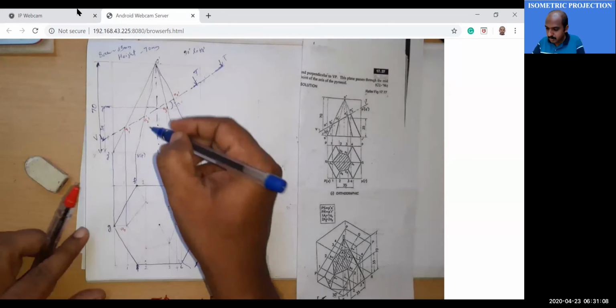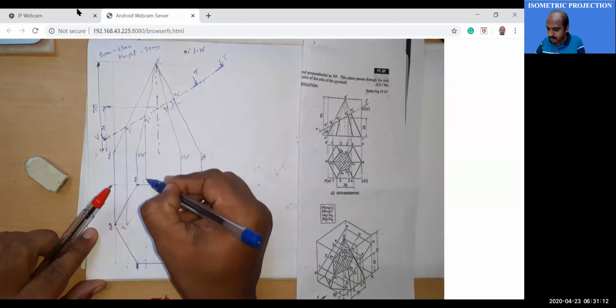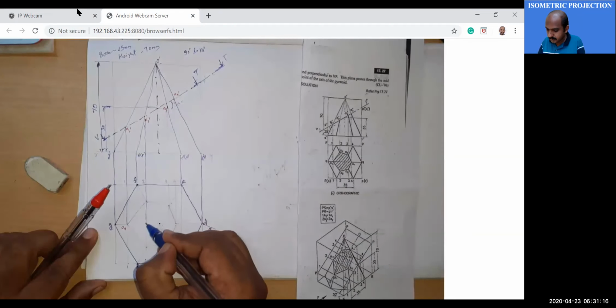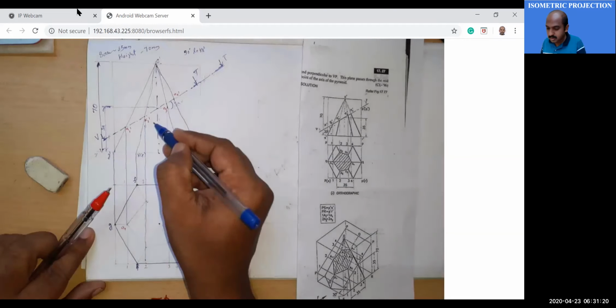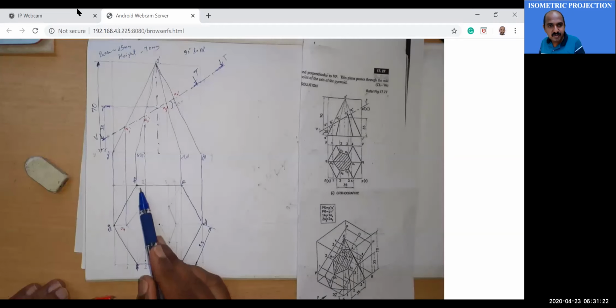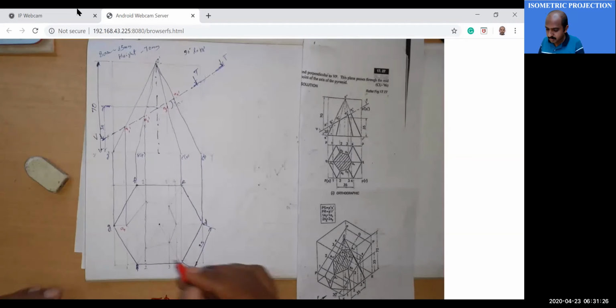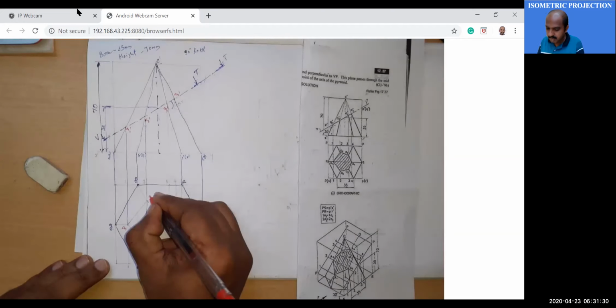Similarly, you drop a perpendicular from A2 dash. That will meet a line connecting from F to O. This is A2, and here also you give the same naming A2.